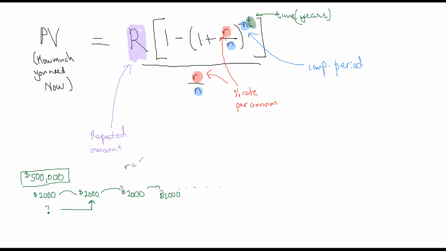Let's pretend the bank is willing to give you a 3% interest rate. Okay, so the question remains, if the amount that is going to be paid is $2,000, how much did you give me now?